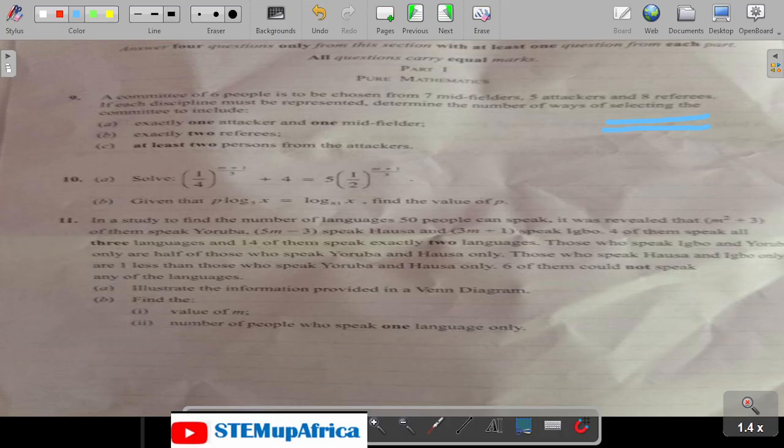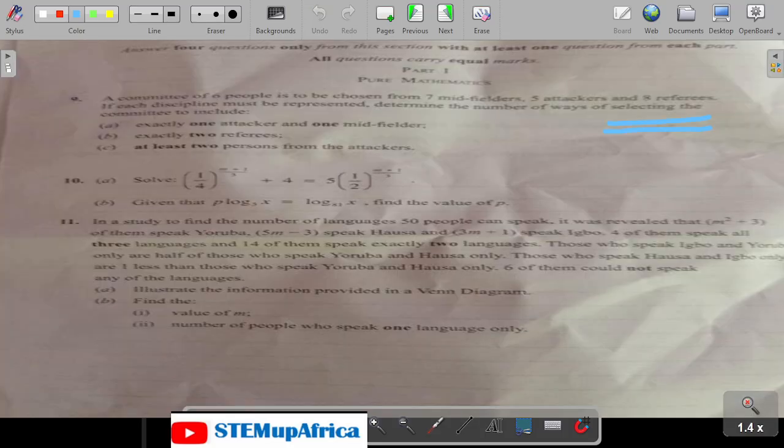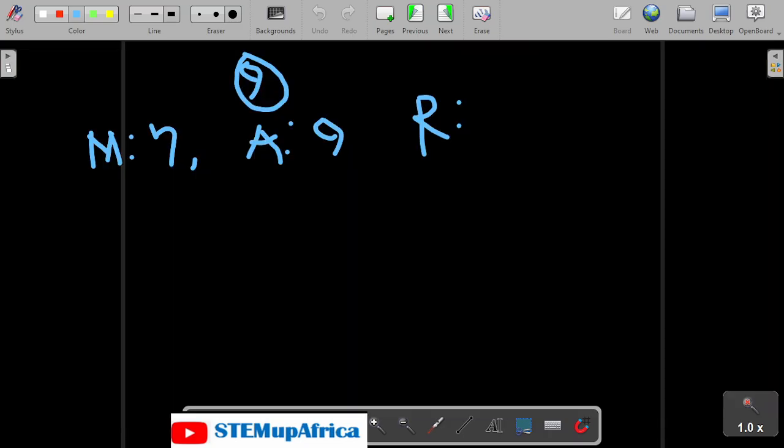So I'm going to have question number 9 now. The midfielder, let's take it as 7. The attacker is 5. The referee is 8.